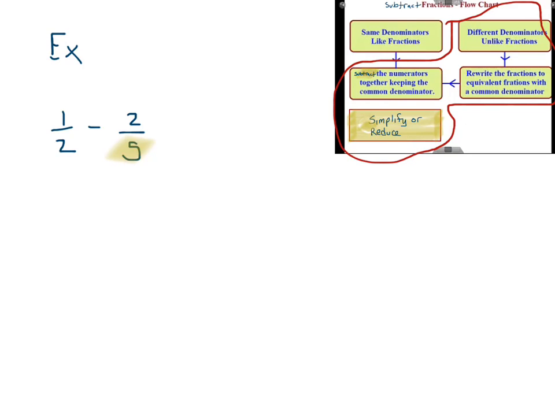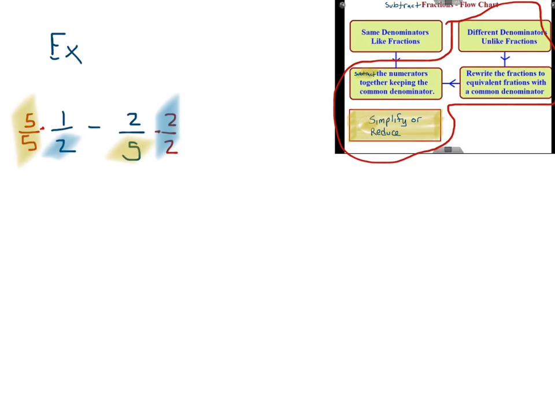Always, this will work. 5/5. And then I'll do this in a different color. Oh, let me highlight. So there's the 5s. Now let's do this 2. I'm going to multiply over here.